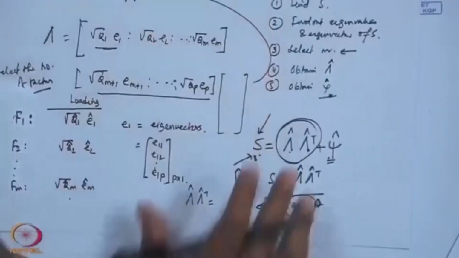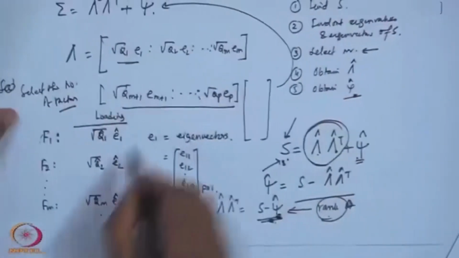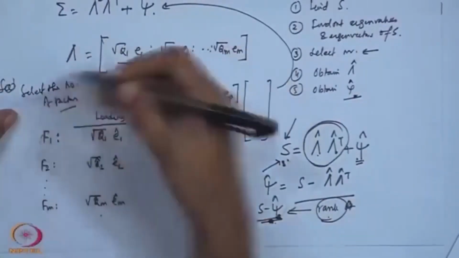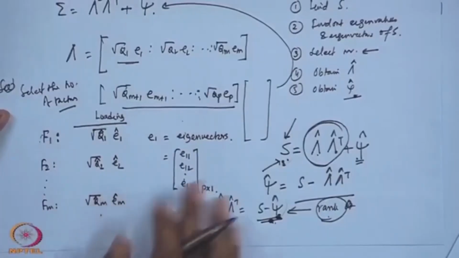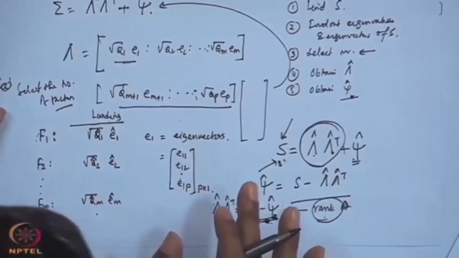And then you can start with the principal component analysis. Once you get like this, using the eigenvalues, you can find out how many factors you will keep. You have seen in PCA there are different methods of identifying the number of principal components to be kept.